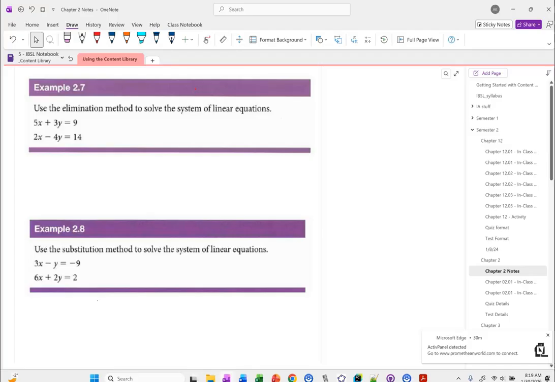We want to multiply one or both of these equations by some constant, possibly different constants, so that when I add the two equations together, one of the two variables cancels out. So we could try to cancel out the x's or try to cancel out the y's. Colby, which one would you like to cancel out? The x. Great. What do we need to do that?